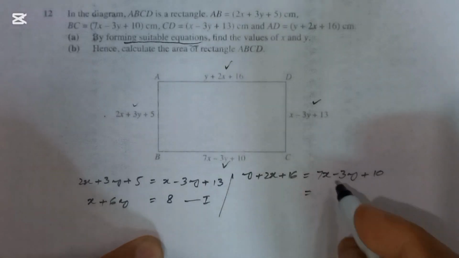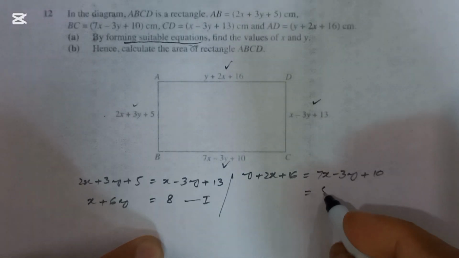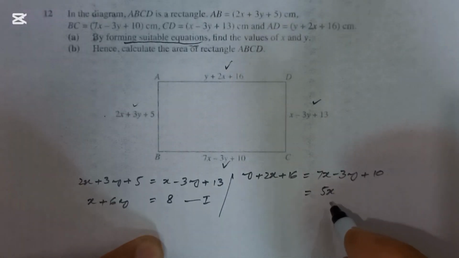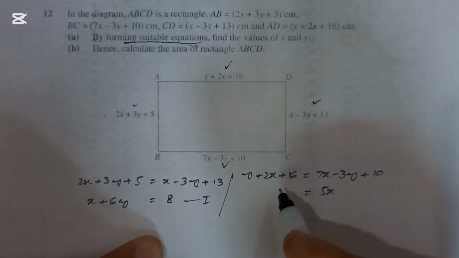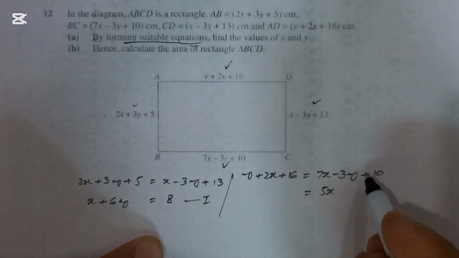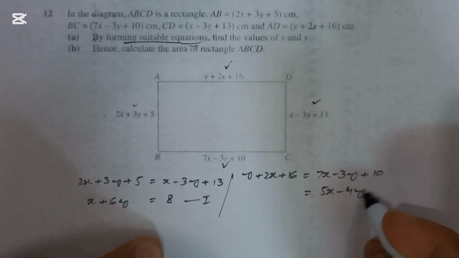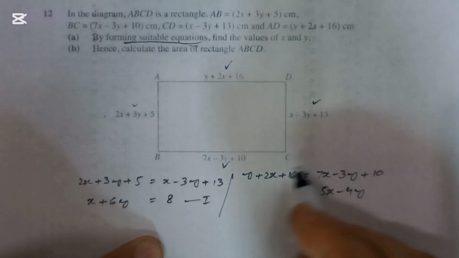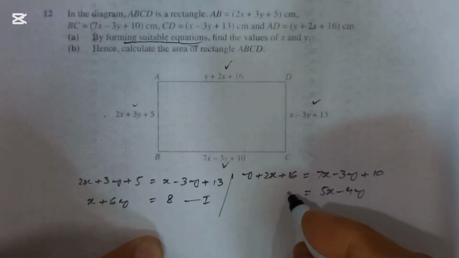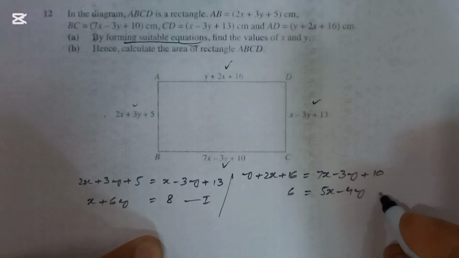So 2x will be shifted to the right side, now the total answer of the x will be 5x. Shift this y to the right side, we will have minus 4y, and shift this plus 10 to the left side, so it will become 6. So this is equation number 2.